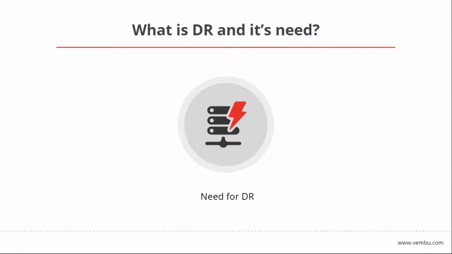So what is disaster recovery? This is where the backup straightaway comes into play. I take a backup, I store it in some other location, and my primary location becomes prone to some disaster. So how do I recover it? If I have backed up data that is restored only after 2 days, then I lose my business continuity.